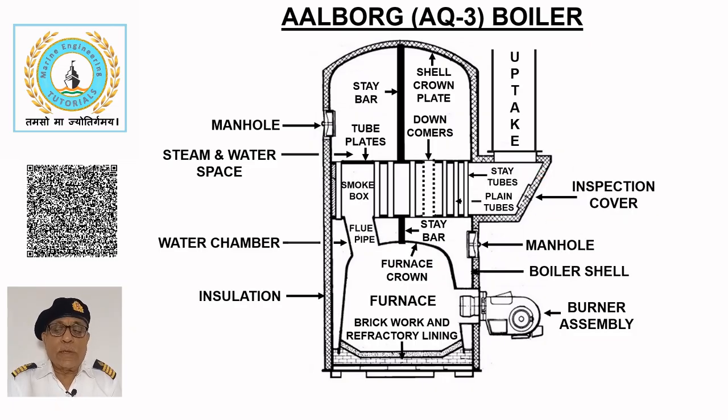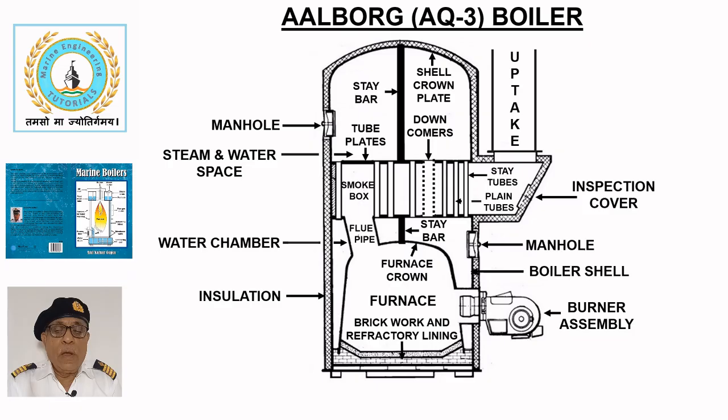This boiler has an all-welded construction and the shell plating thickness is below 20 mm. This boiler is available in various sizes ranging from 800 kg per hour to 12,500 kg per hour with a working pressure of about 7.5 bar.